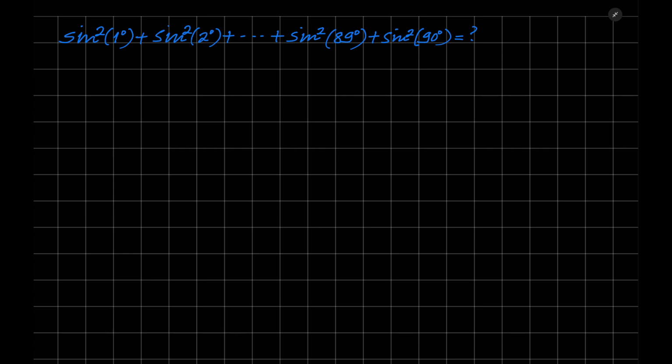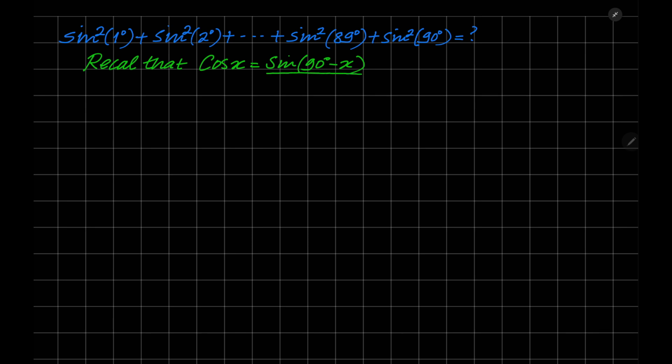First recall that cosine x is equal to sine 90 degree minus x. Isn't it?